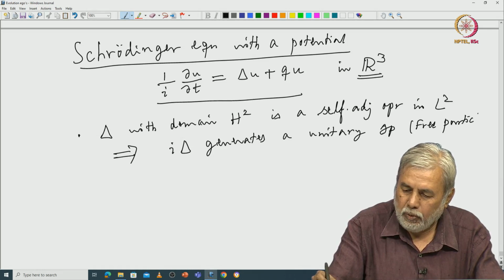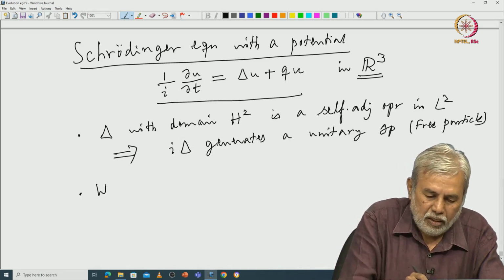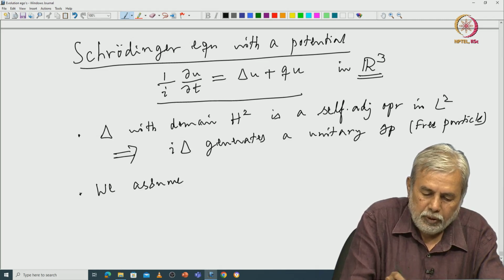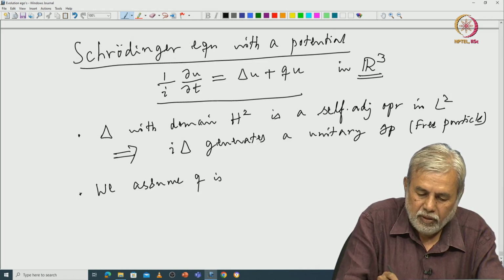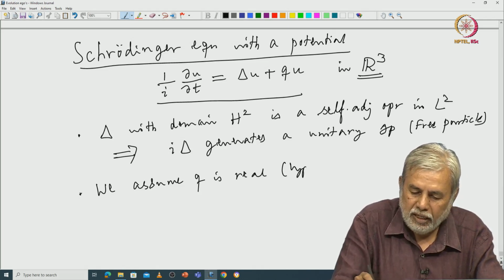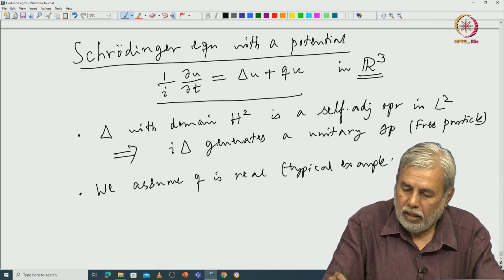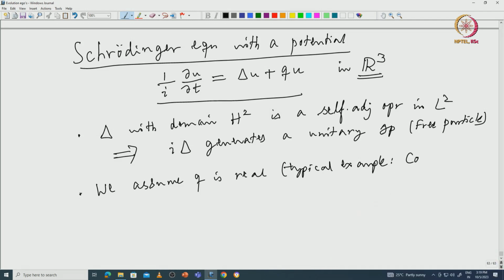Now we assume that q is real valued. A typical example is the Coulomb potential.